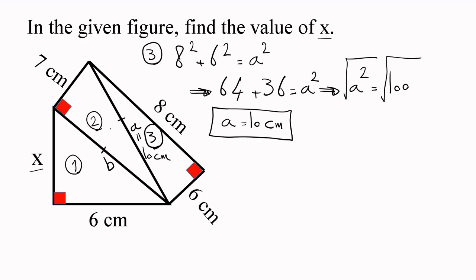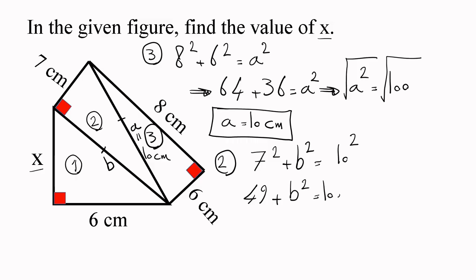Now I can move to the second right triangle. I'm going to write it here. Pay attention. A is the hypotenuse for the second triangle as well. So I'm going to write 7 squared plus b squared is equal to 10 squared. So 7 squared would be 49 plus b squared is equal to 100, minus 49 on both sides.